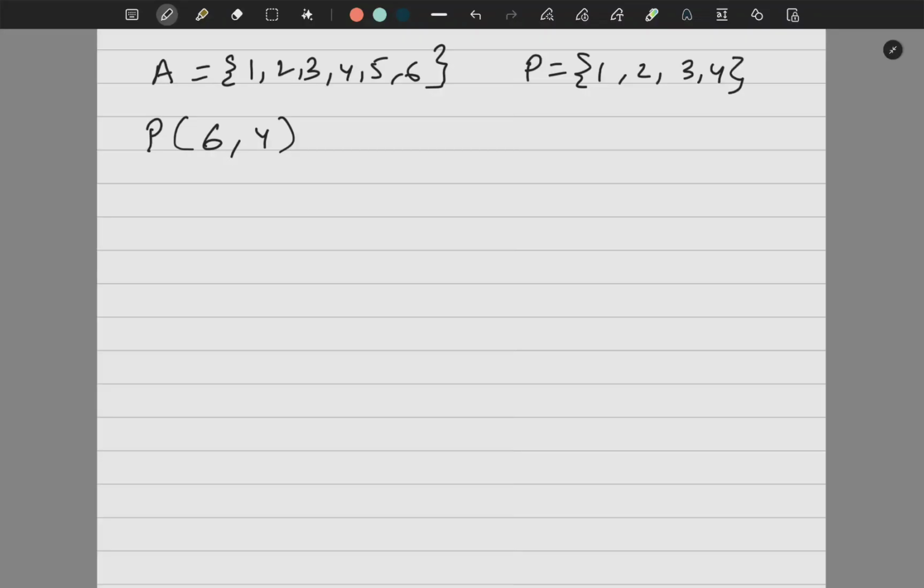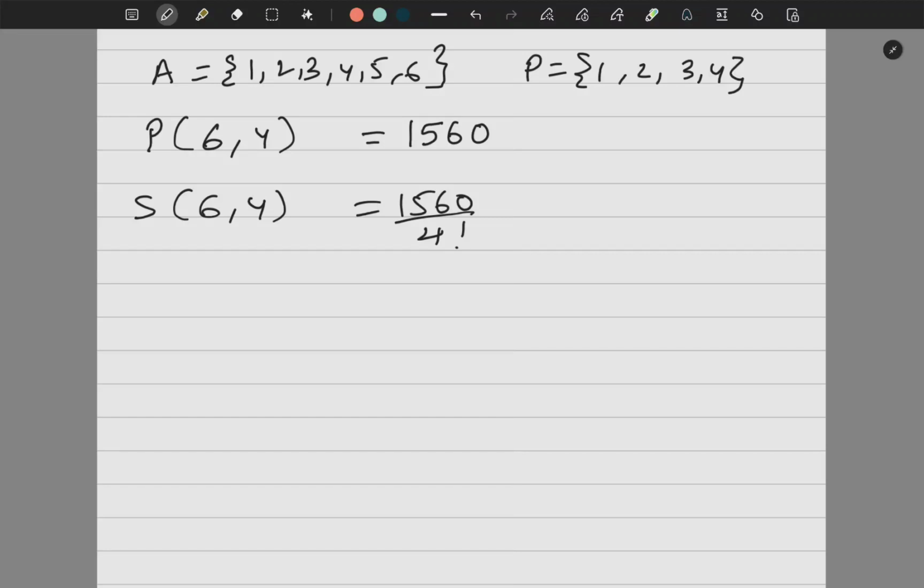Correct? The same way you apply the same formula and you'll get the value as 1560. So all of you should try it and cross check your answer. And if I ask you the value of S(6, 4), that will be 1560 upon 4 factorial. Correct? So this is how you have to do the questions.